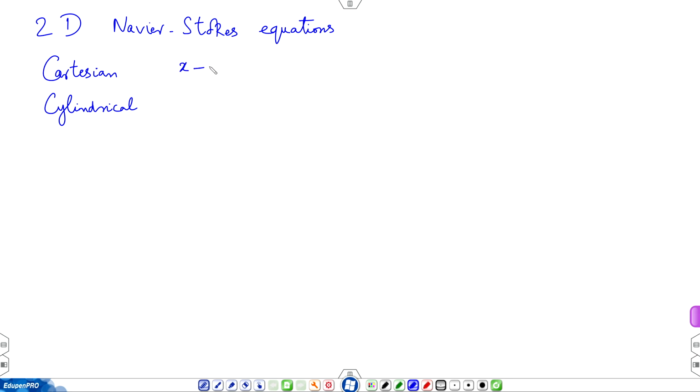So, Cartesian will be x, y and u, v are the velocity components. Cylindrical could be r, z, in which case the velocity components are u, w or r, theta. These are the components.